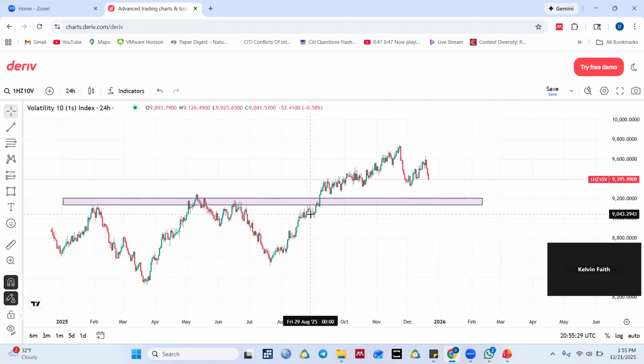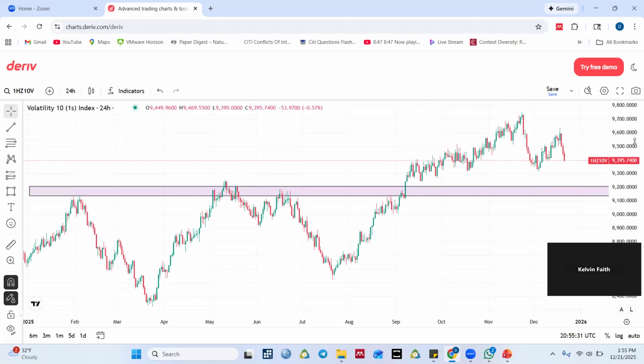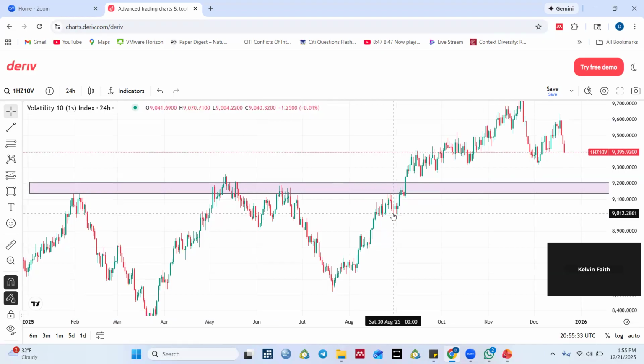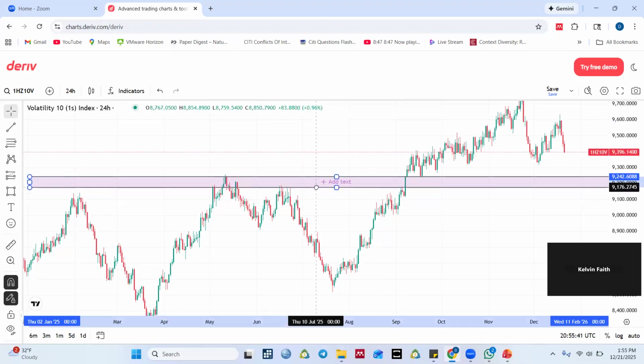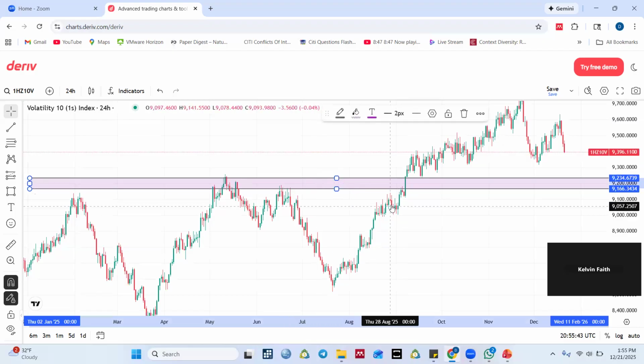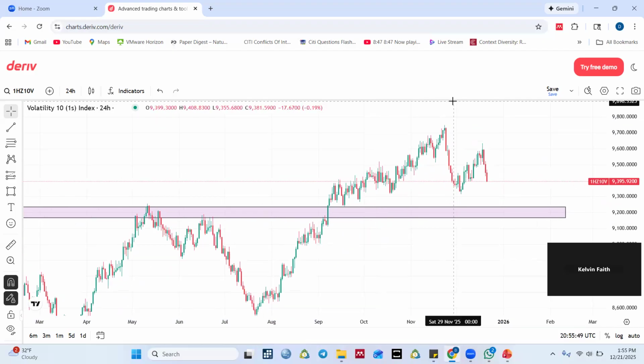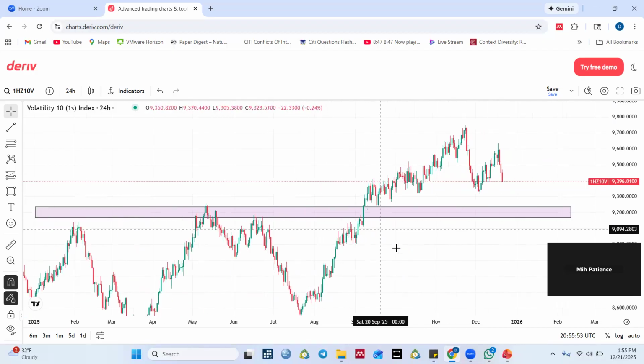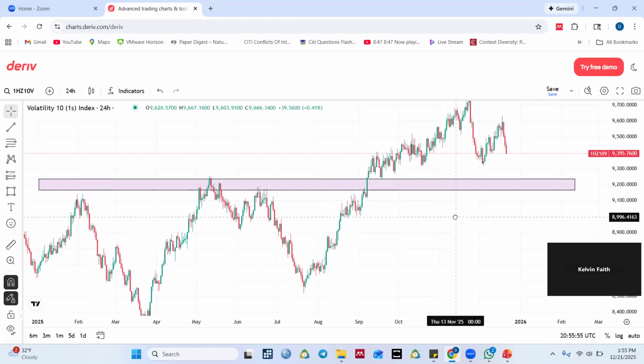It hit the same zone, drops down a little bit, hit it, stayed in it, broke above it, utilized it as support, and it moved up. Do you all see that? Yes, sir. Good. So, very easy.